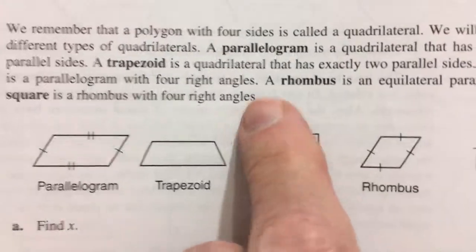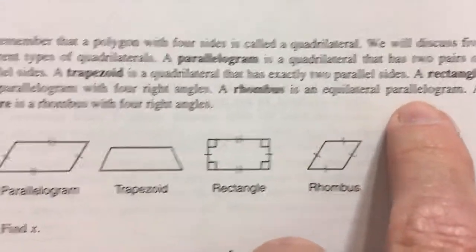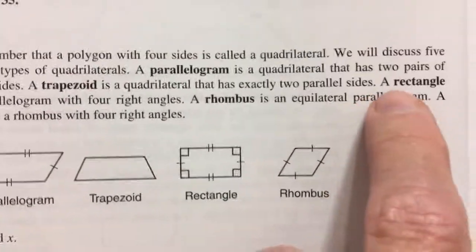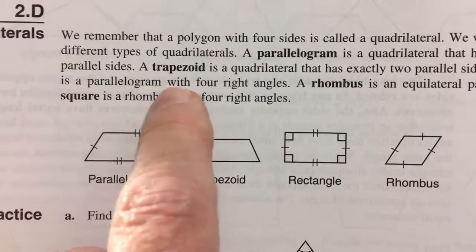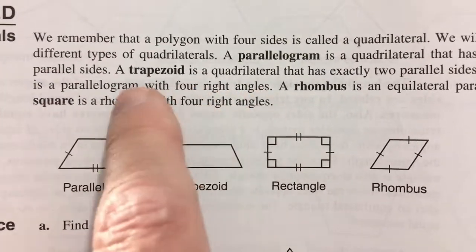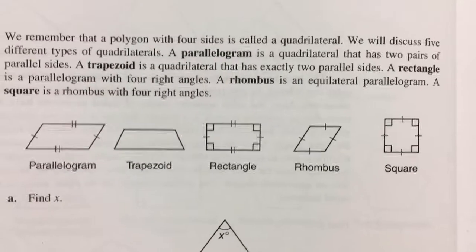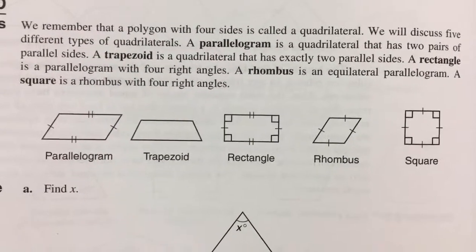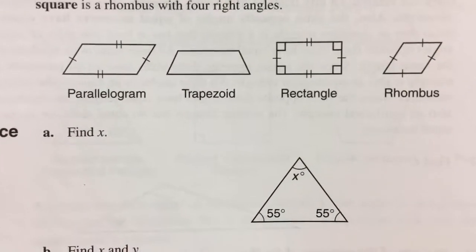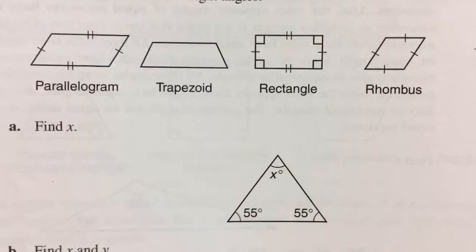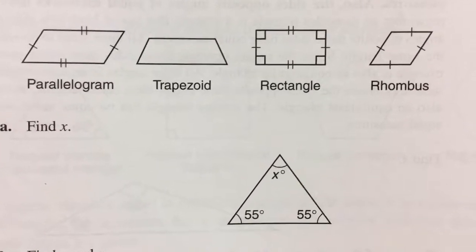And here we have a rhombus is an equilateral parallelogram. A rectangle is a parallelogram with 4 right angles. I think we defined them all, so now let's look at our examples. On this one right here, we're to find x. Now, what information did they give us?